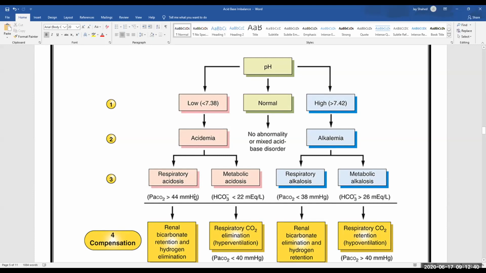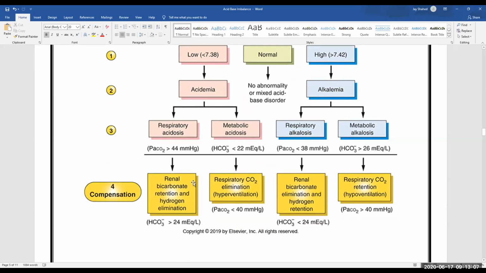These numbers are okay, but again, we're moving below or higher. They gave a very close number. We use 45, they use 44, that's fine. 22, we use 22. This one is CO2. Again, that's the same thing here, but this is respiratory. This is metabolic and respiratory alkalosis. This is respiratory acidosis, metabolic acidosis. And these are some of the things that would happen in these compensatory mechanisms.